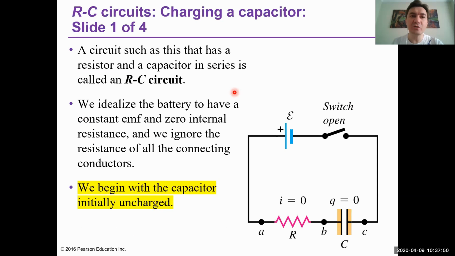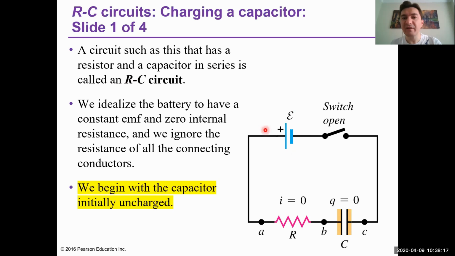So let's continue with charging a capacitor. A circuit such as this one, which has a resistor and a capacitor in series, is called an RC circuit. Here we have the resistor R, here we have a capacitor, and they are connected in series. We call such circuits RC circuits, okay?